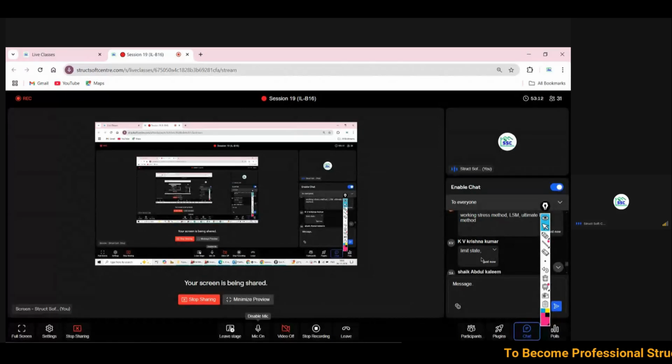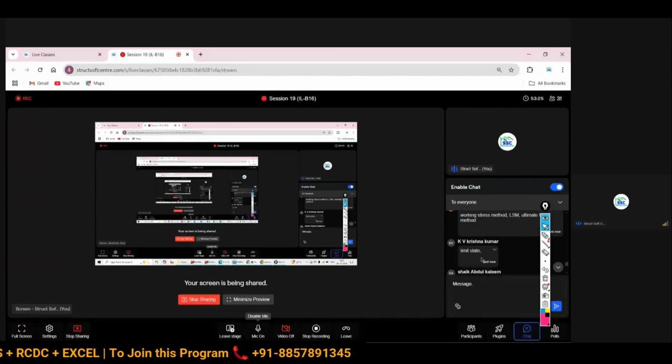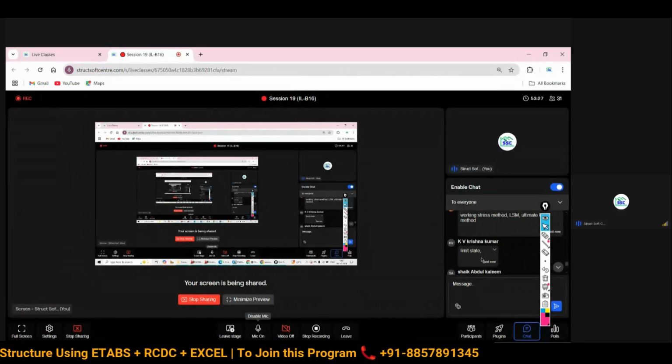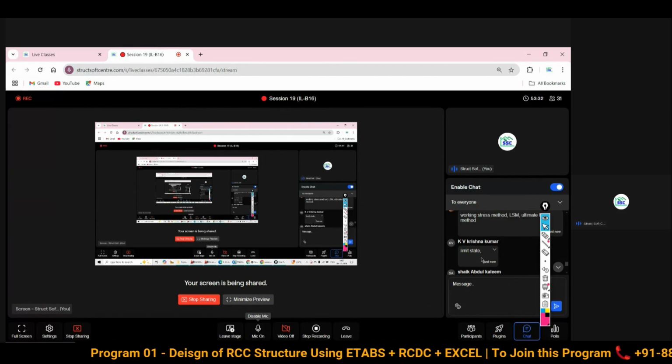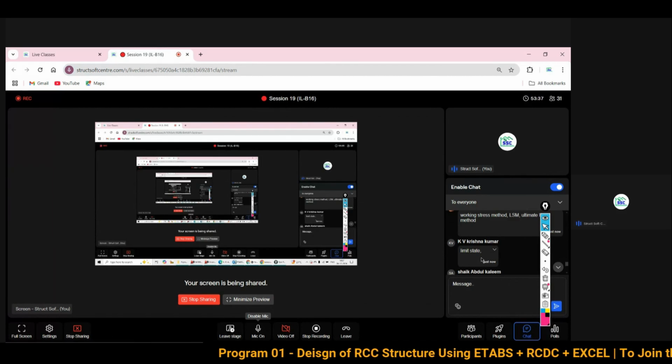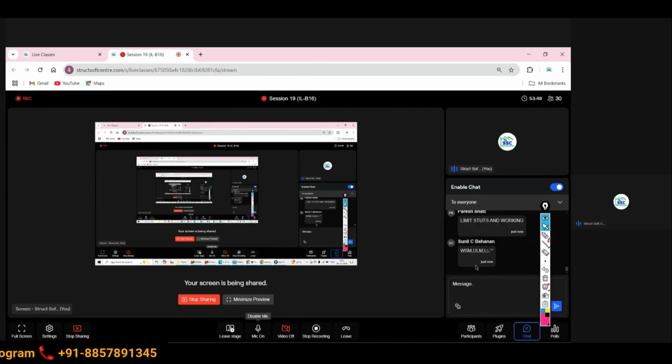So there are basically three methods for designing your structure or element: working stress method, ultimate load method, and the third one, limit state method, in the sequence of their evolution. The very first is the working stress method, second is the ultimate load method, and third is the limit state method of design. You might have heard of these three methods earlier.